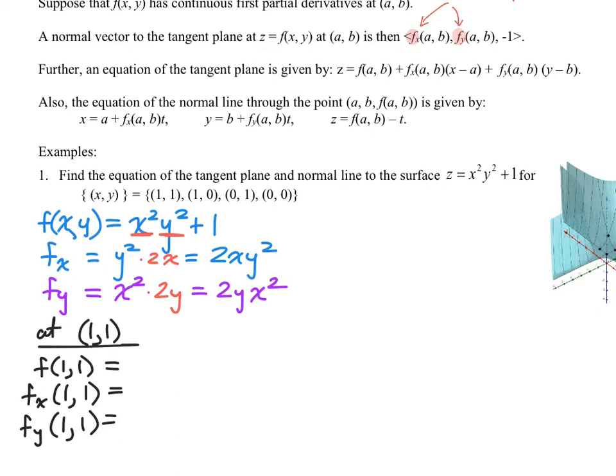Very easy calculations, plugging in a 1 for x and a 1 for y. So 1 squared times 1 squared is 1, plus 1 is 2. So I got that. Two times 1 squared, 2. Two times 1 squared, 2. All these calculations were very easy.